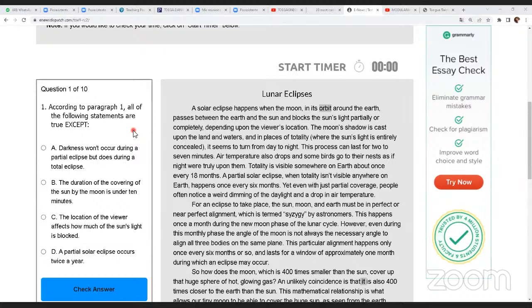The duration of the covering of the sun by the moon is under 10 minutes. D is correct. Darkness won't occur during a partial eclipse, but does during a total.